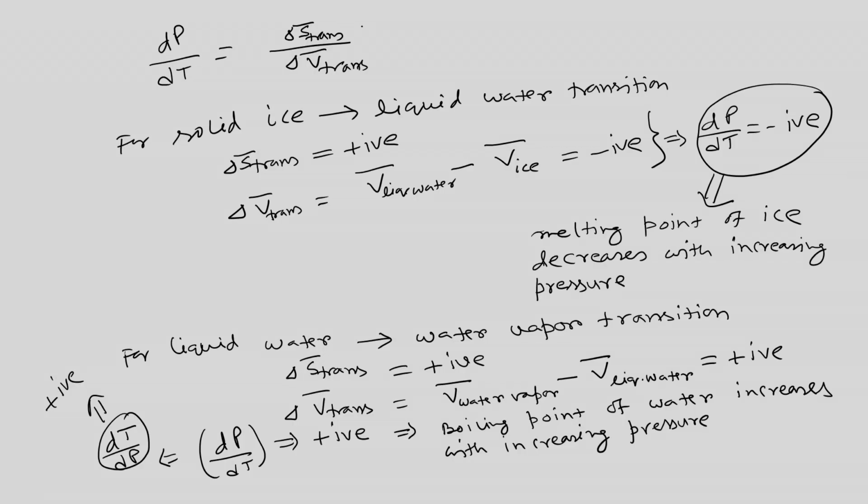And for the liquid water to water vapor transition, delta S transition is positive and delta V transition is also positive. These two quantities imply that dP/dT is positive, which says that dT/dP is also positive, and this implies the boiling point of water increases with increasing pressure.